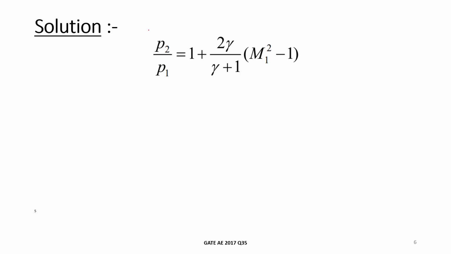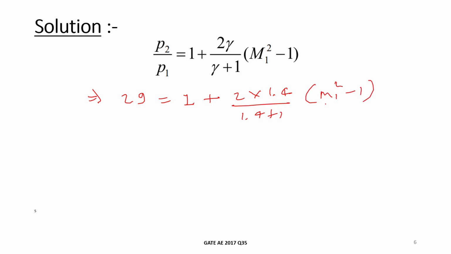As this equation of pressure ratio is given, P2 by P1 equal to 1 plus 2 gamma upon gamma plus 1 into M1 square minus 1. This pressure ratio is given 29. So 1 plus 2 into gamma, gamma is 1.4. We don't know M1 square.